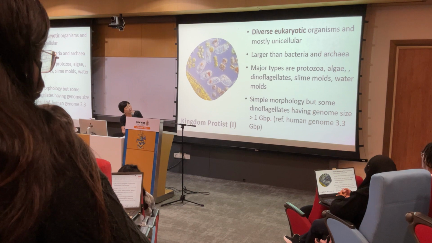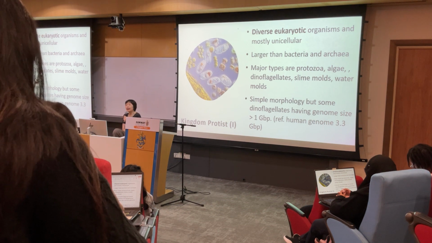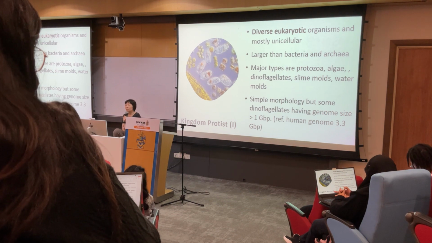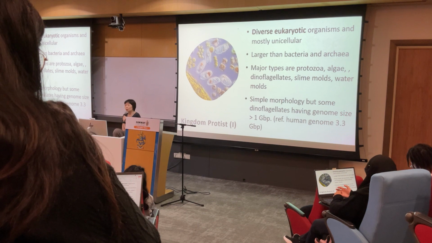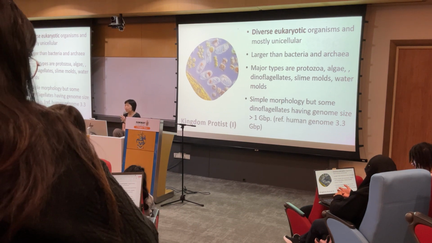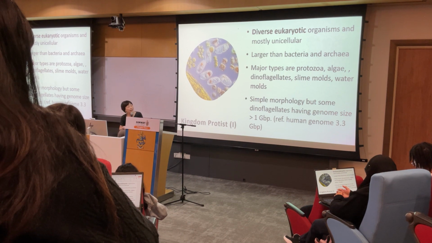And not surprisingly, some of these organisms even have a bigger genome than human. And therefore, they are the least studied because they have big genome sizes. Normally, people won't spend money to study something that's interesting but may not be very useful to humans. So that's why they are the least studied, all right?